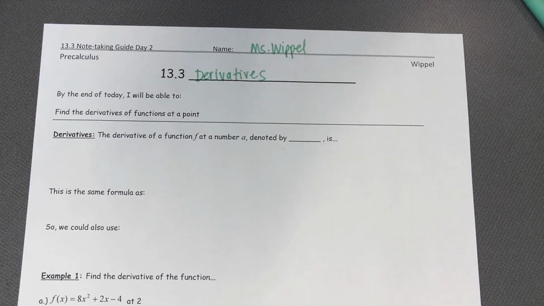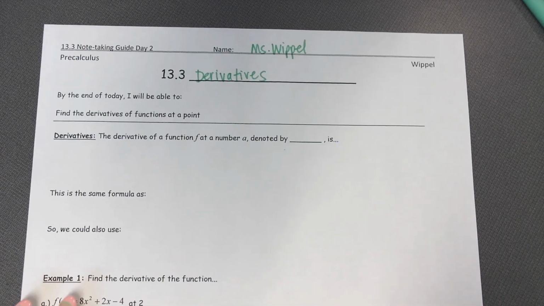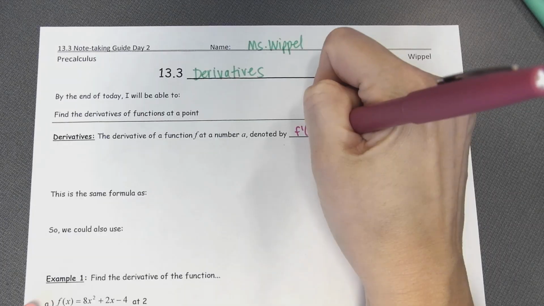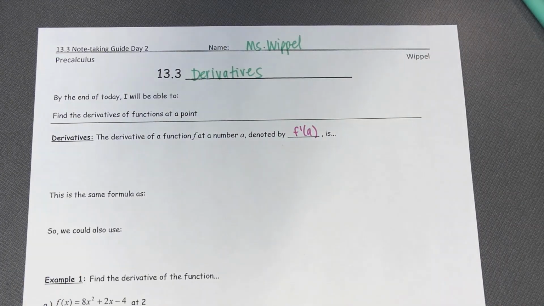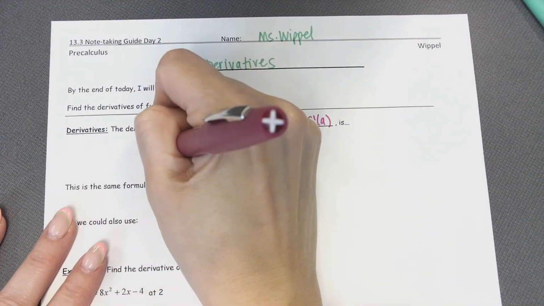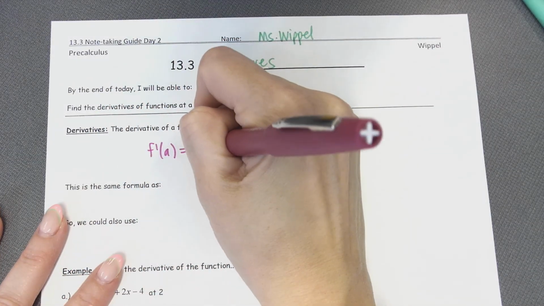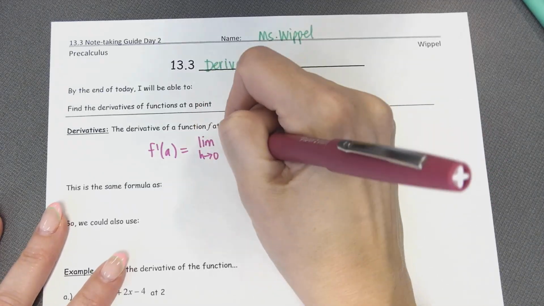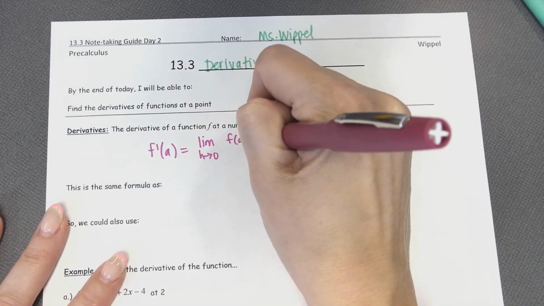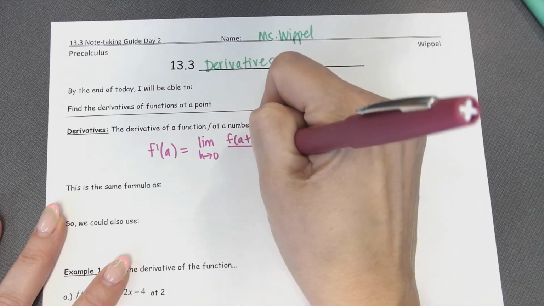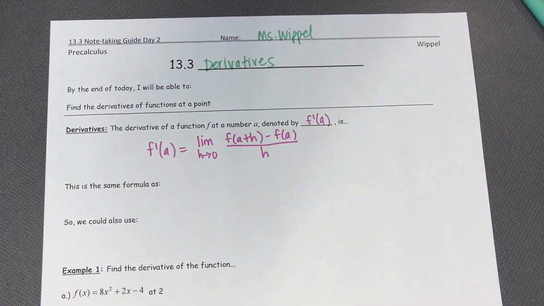The derivative of a function f at a number a, denoted by f prime of a, which is our notation for the derivative, is equal to the limit as h goes to 0 of f of a plus h minus f of a, divided by h.